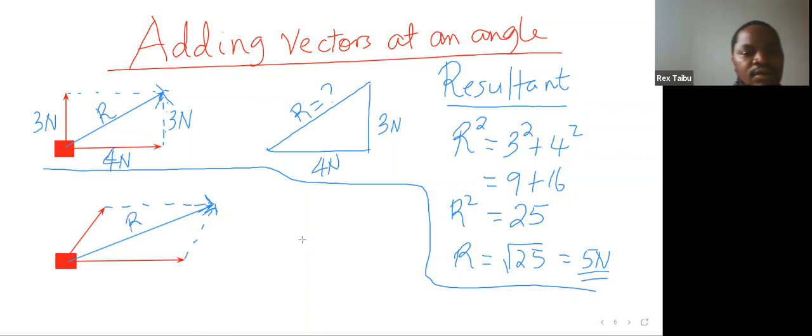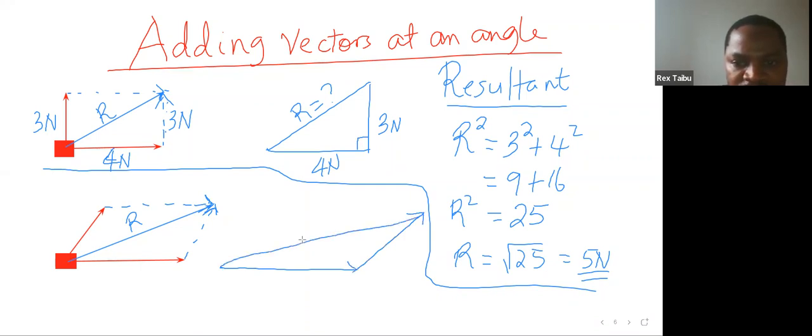All right. You cannot apply Pythagoras theorem here because these vectors are not at 90 degrees to each other. So what you have is this vector, that, and you are saying that your resultant is this.